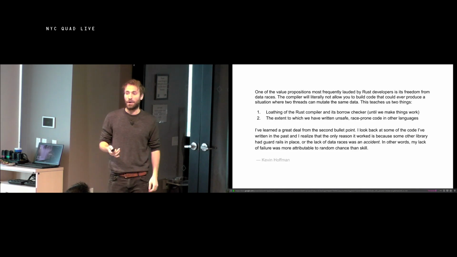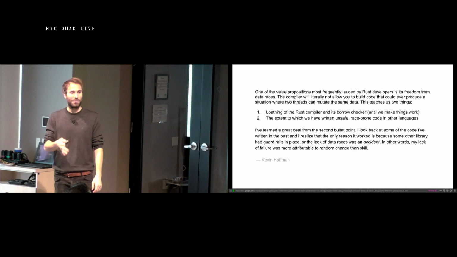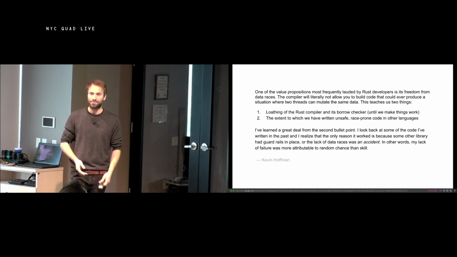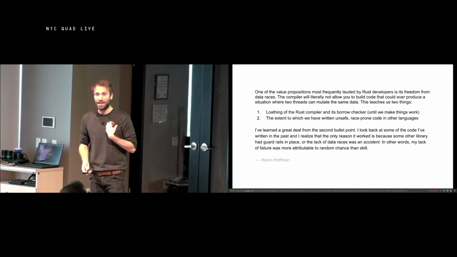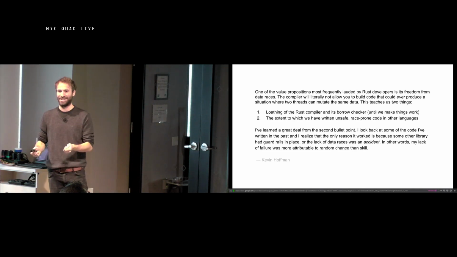If I go back now and write Python code or C code, I notice that there are data races because I think, the Rust compiler would never accept this program, so therefore it must be wrong. If I look at old code that I have written in other languages, I realize that that code is probably broken. I wish I had the Rust compiler to tell me what was wrong with it, right?